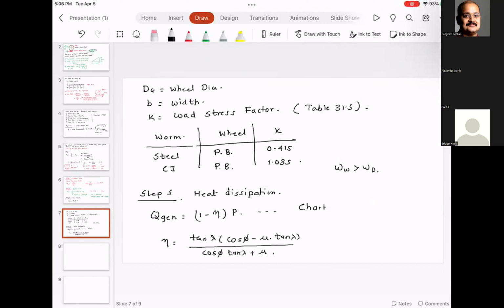So this is the equation that you can use to find the efficiency.